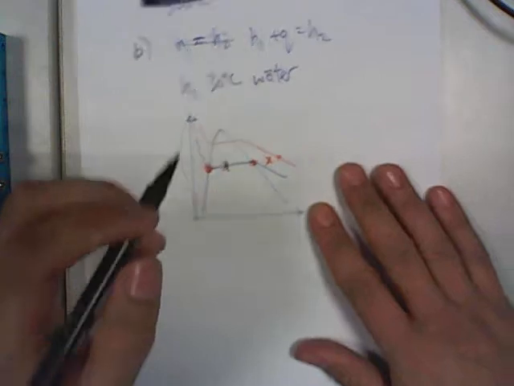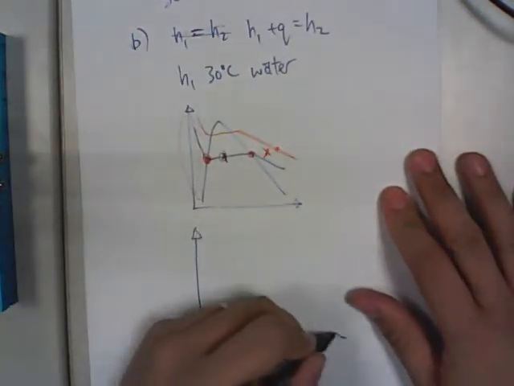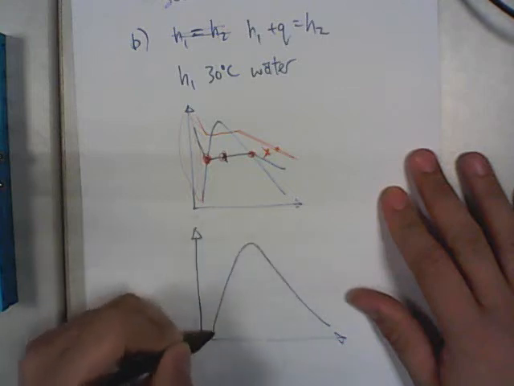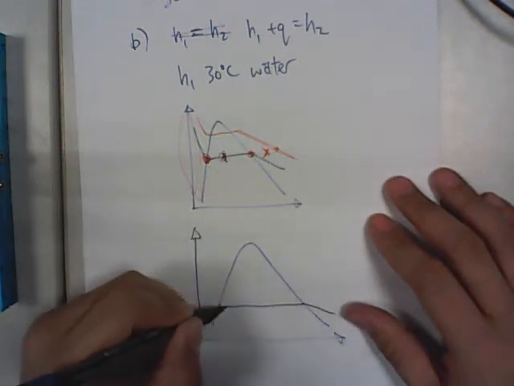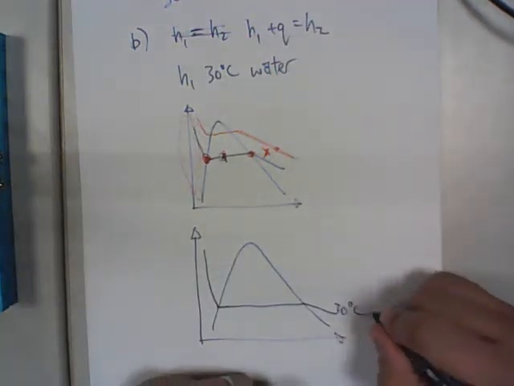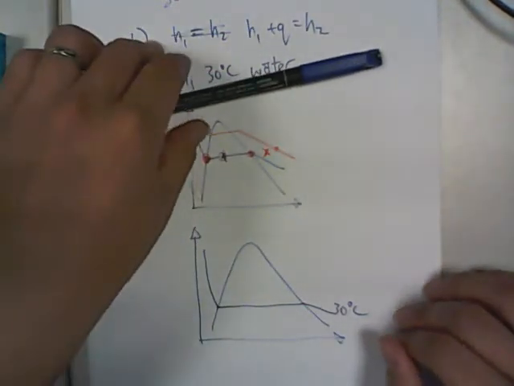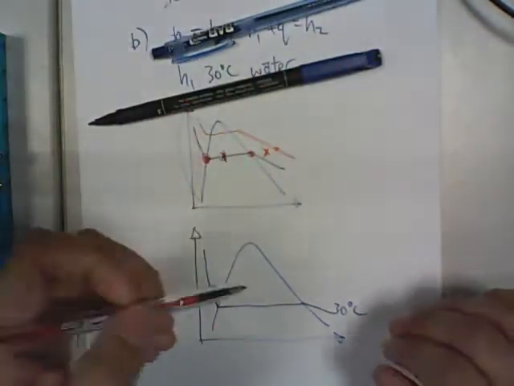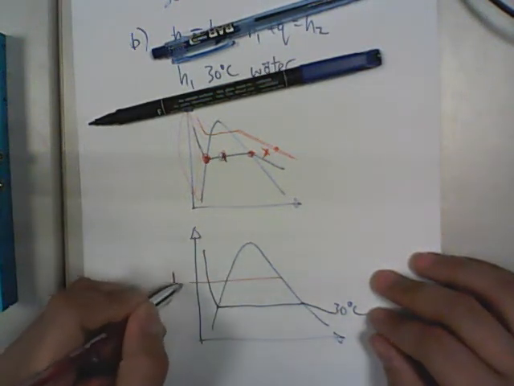So let me show you again. If I'm looking at 30 degrees Celsius, let's say it's this line, but you know that it is subcooled. For example, I can just draw this one bar.